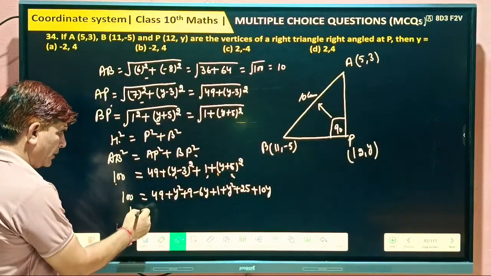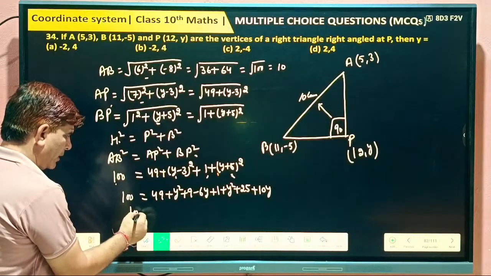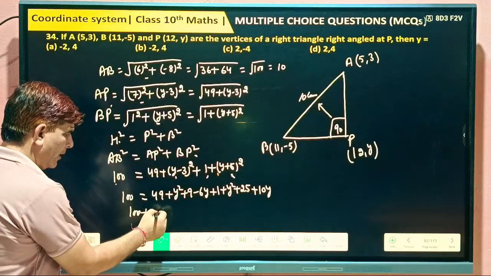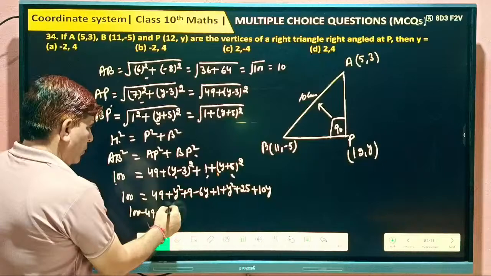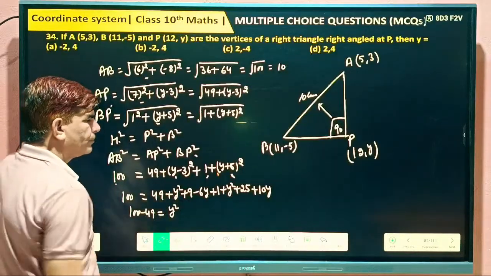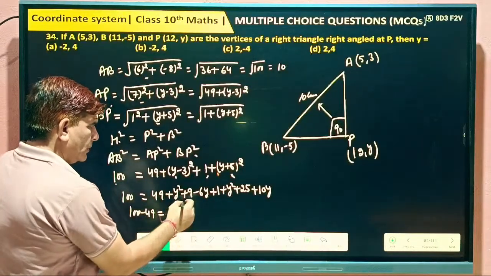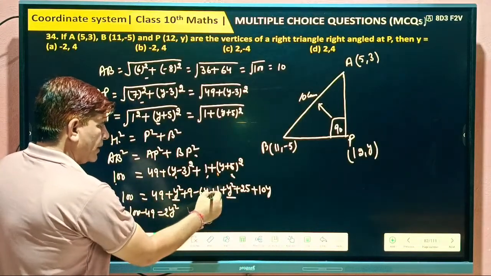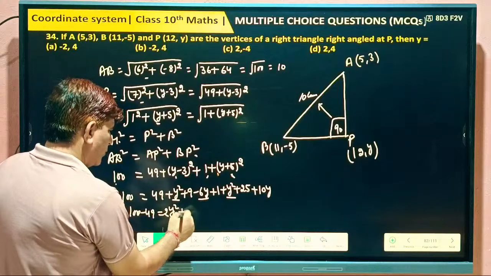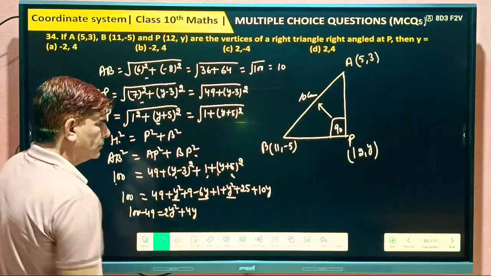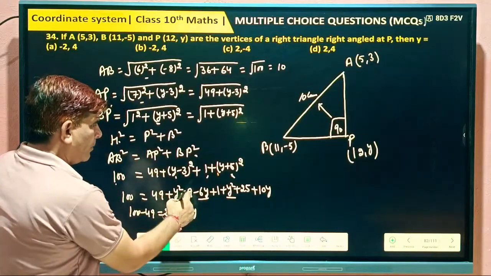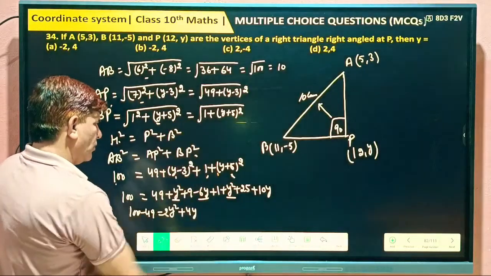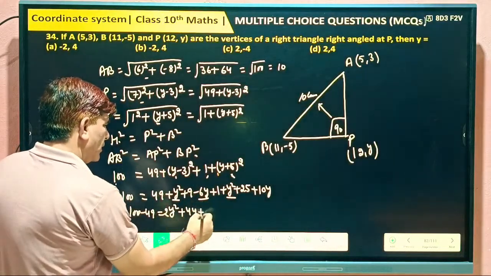Take this 100 equal to 49, bring it to this side, it becomes minus. So I can write 100 minus 49 equal to y squared plus y squared, 2y squared, and minus 6y plus 10y is 4y. 9 plus 1 is 10, 10 plus 25 is 35.